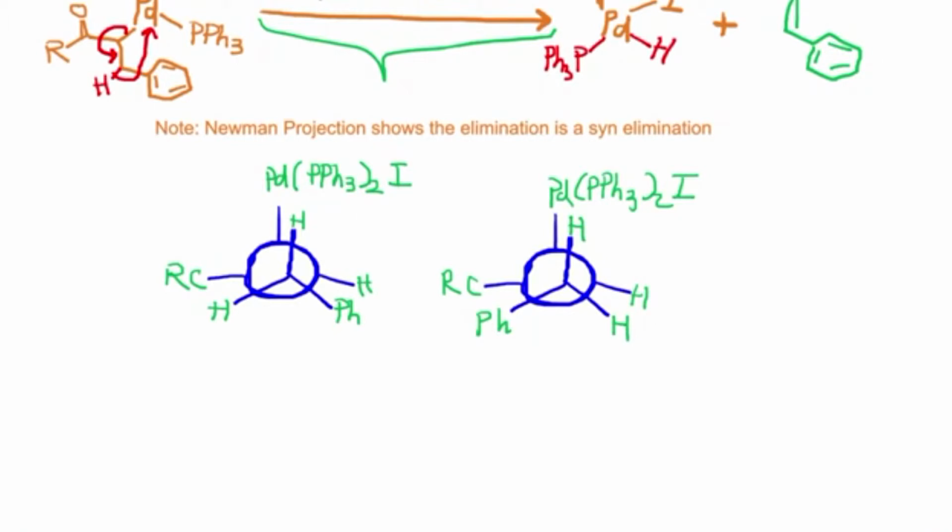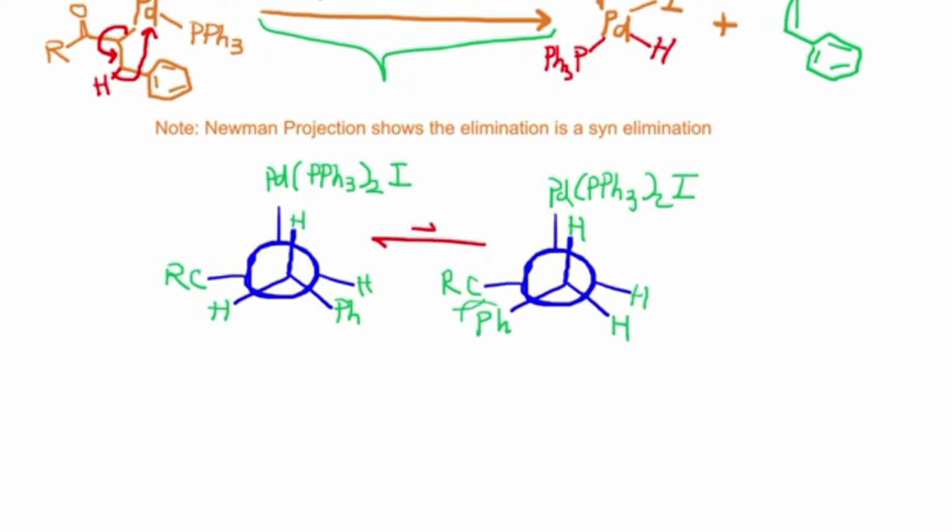Looking at the Newman projection, due to the steric hindrance at this site, the direction of our reaction goes in favor of this way rather than that way.